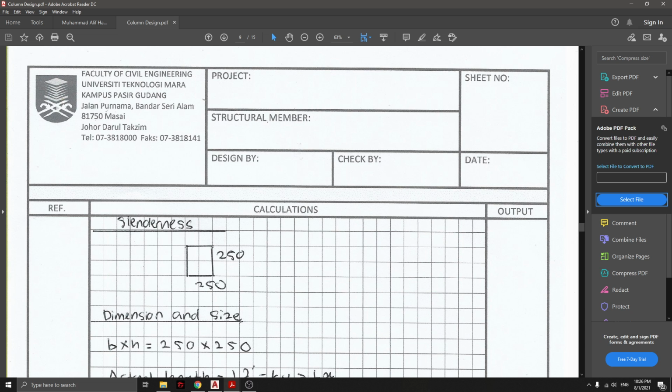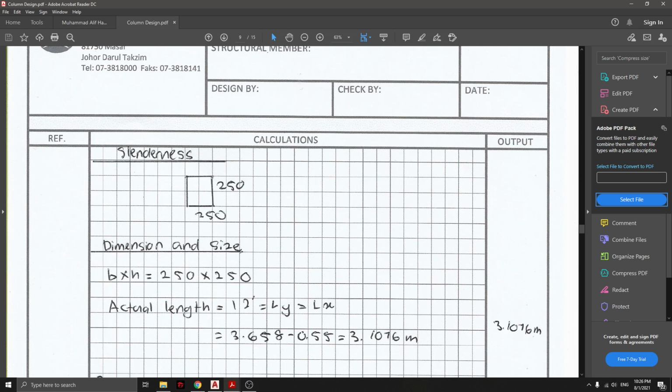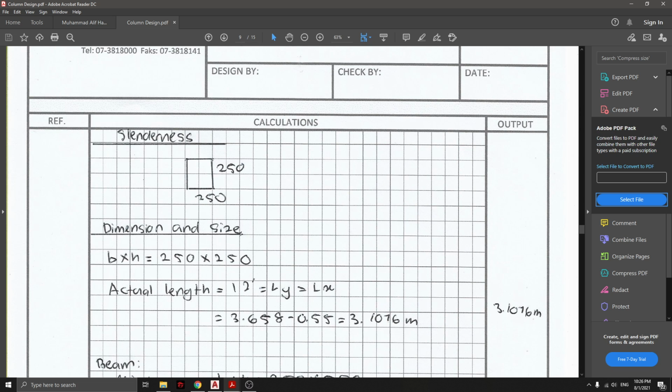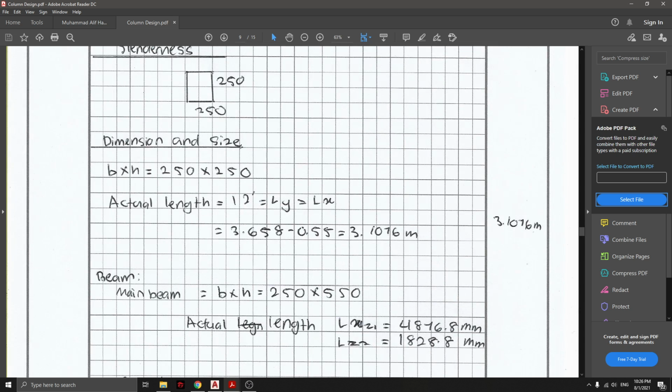Then we need to find the slenderness. My dimension B times H is 250 times 250. My actual length is Ly equal to 3.658 minus 0.55 equal to 3.1076.